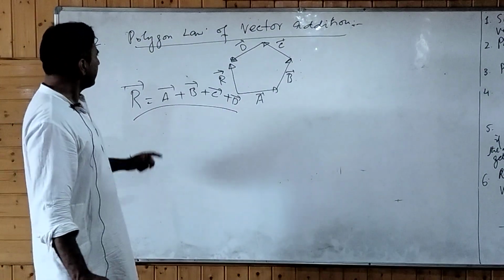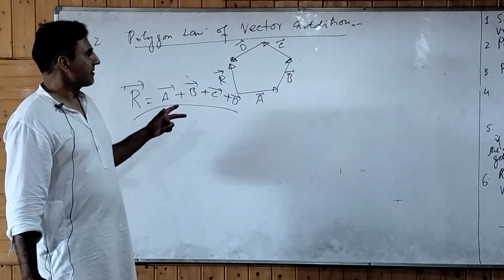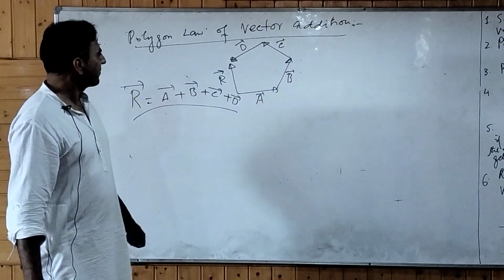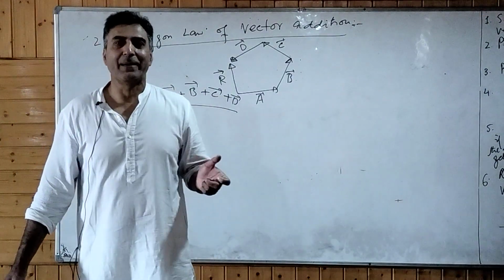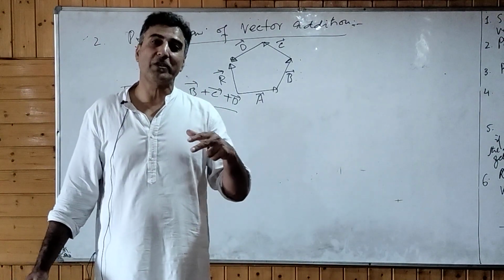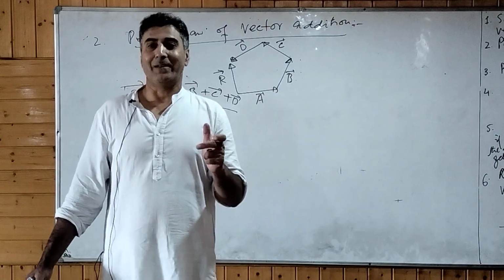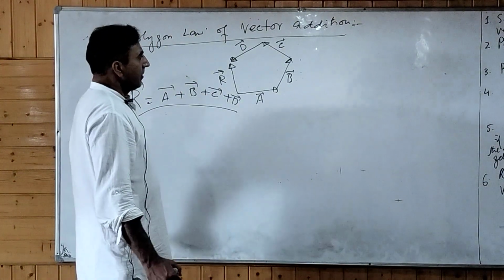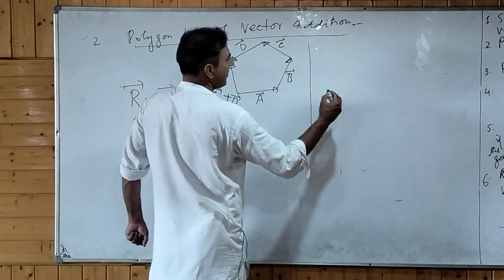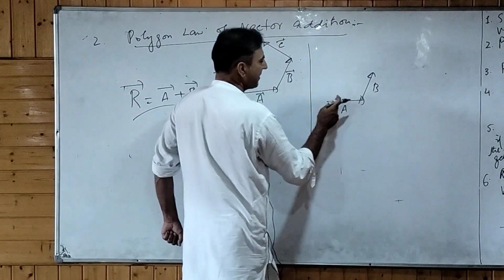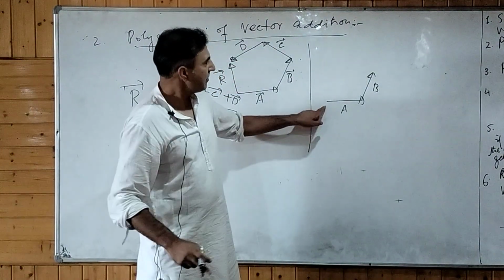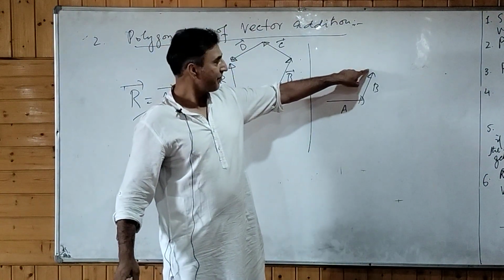Okay, well, there's one more case for this polygon law of vector addition. Suppose the vectors that I want to add up close up on themselves. What do we mean by closing on themselves? That is, if I have vectors like this, vector A, and I add to the vector B, the resultant is connecting the tail of the first to the head of the second, right?